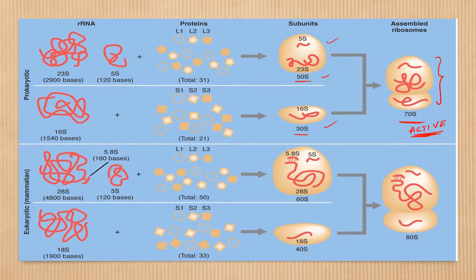The 60S subunit is assembled with 28S as well as 5S and 5.8S RNAs and 49 or 50 ribosomal proteins to form this 60S, the larger subunit in eukaryotes.